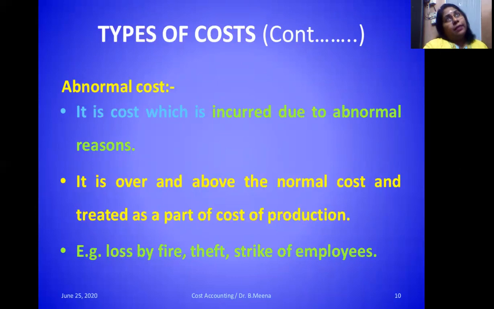A normal cost can be incurred only because of specified reasons, but an abnormal cost arises because of unexpected reasons. For example, in this slide I gave loss by fire, theft, and strike of employees. These are unexpected, uncertain things. Anytime they may occur, so it is called abnormal cost.